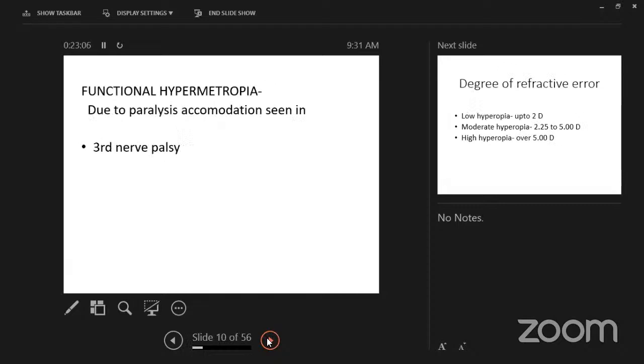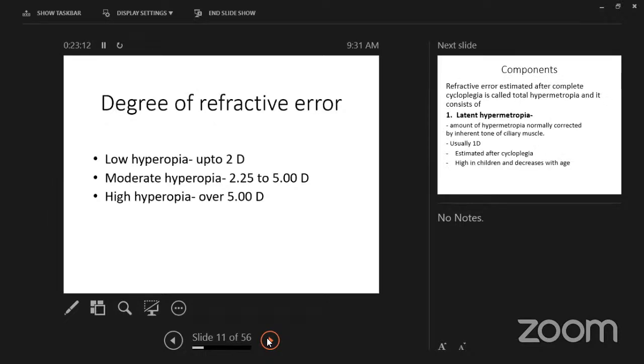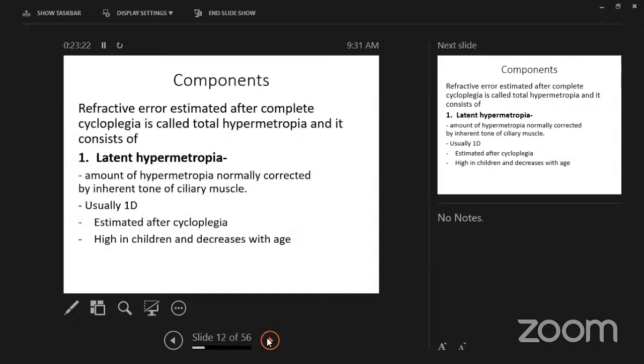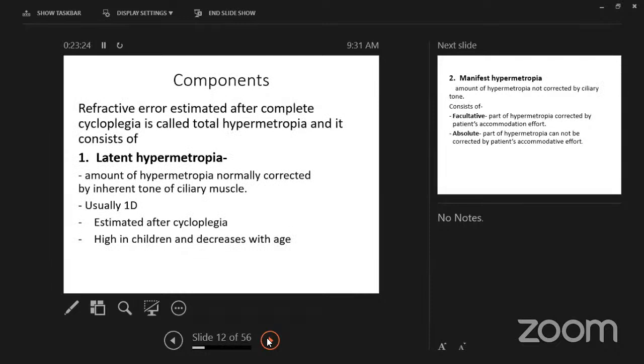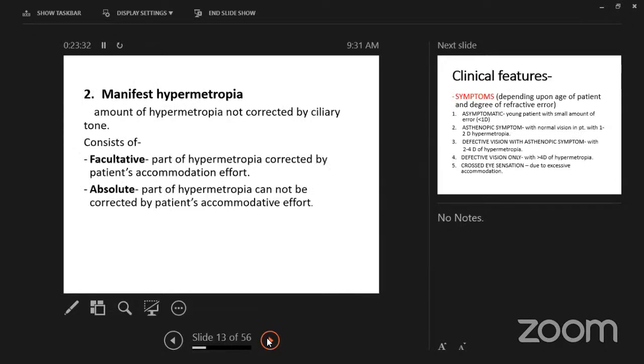Then functional hypermetropia is due to paralysis of accommodation and third nerve palsy. Then the degree of refractive error: low hypermetropia, moderate, and high is over 5 diopters. Then total refractive error is estimated as complete hypermetropia, which consists of latent hypermetropia and manifest hypermetropia.